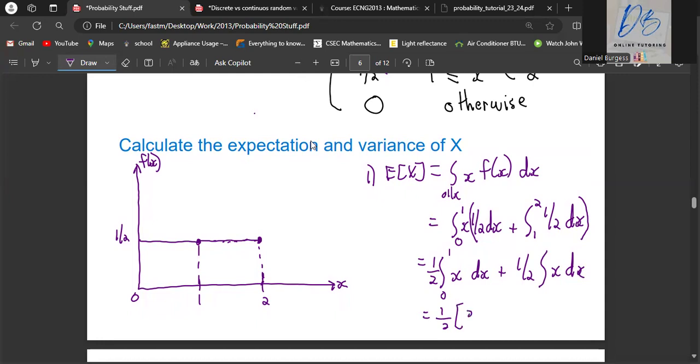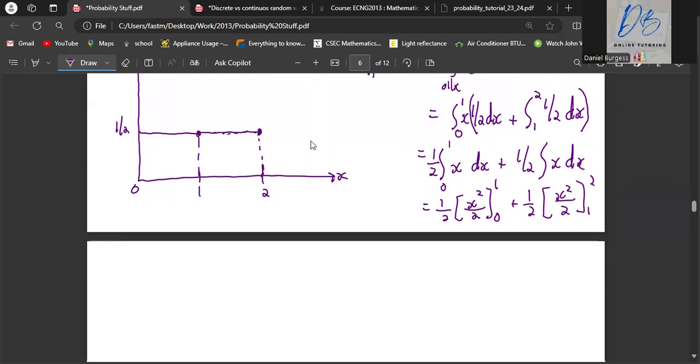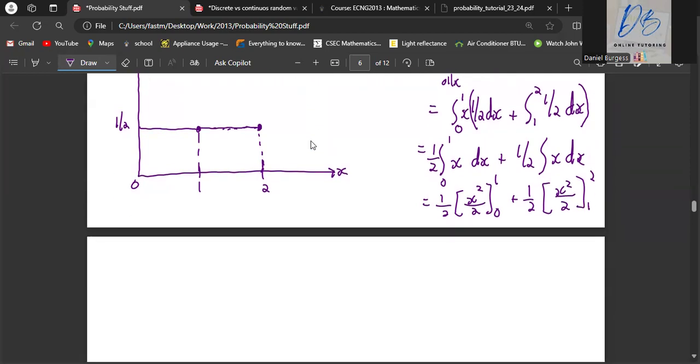integral of x squared would just be x squared on 2 between 0 and 1, plus a half x squared on 2 between 1 and 2. So this would be a half. So that'll be x squared on 2.